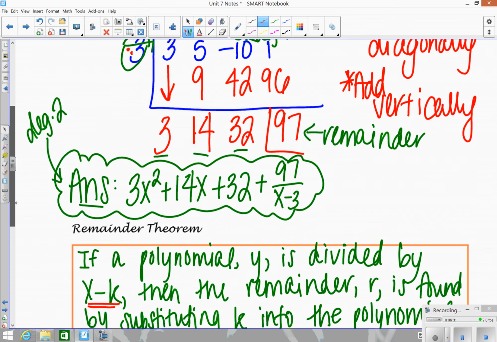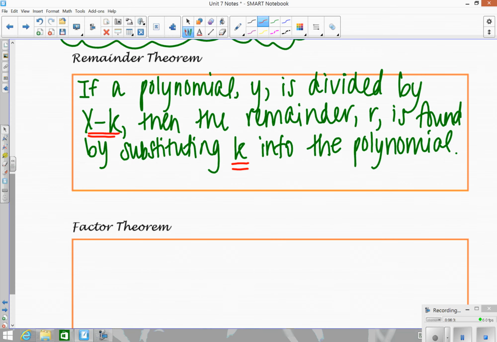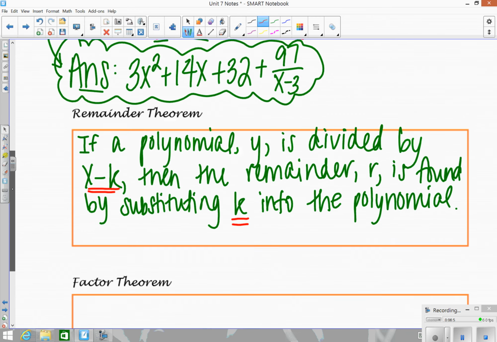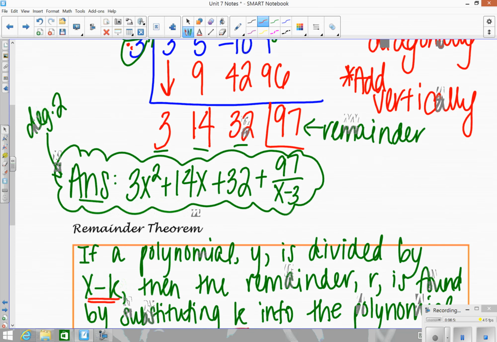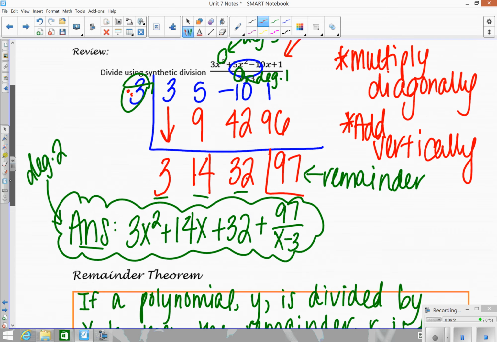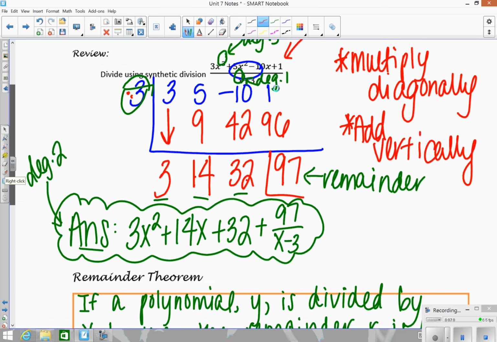So the next theorem is kind of a follow-up to the remainder theorem. You might be thinking, why would we care to find the remainder? The reason we care is that if the remainder is some number other than 0, that means the expression we divided by is not a factor of the polynomial.